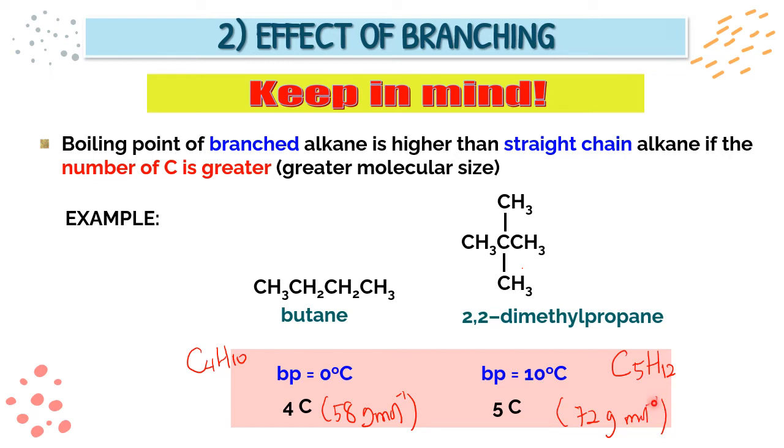As you can see, we have a significant difference in molecular mass. So instead of focusing on the effect of branching, the boiling points of these two alkanes are differentiated by molar mass. As long as we have a greater number of carbons, it will automatically have a higher boiling point, even though it has a lot of branching.